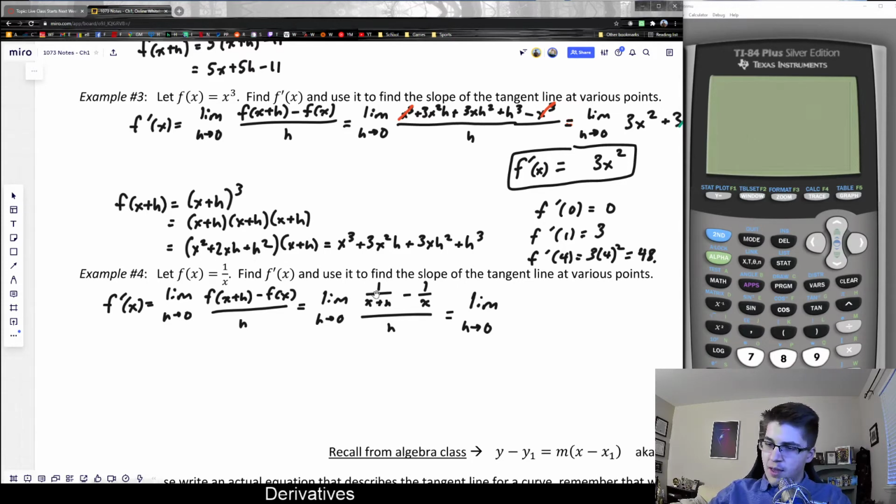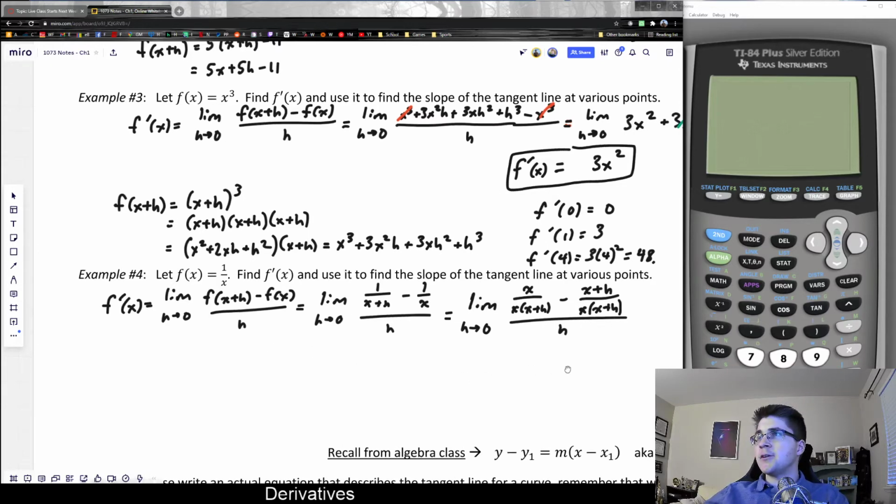That would leave me with x over x times x plus h. And in the second fraction, I multiply the numerator and denominator by x plus h, so the denominator is again x times x plus h. So we create a common denominator by multiplying each one by the respective denominator.